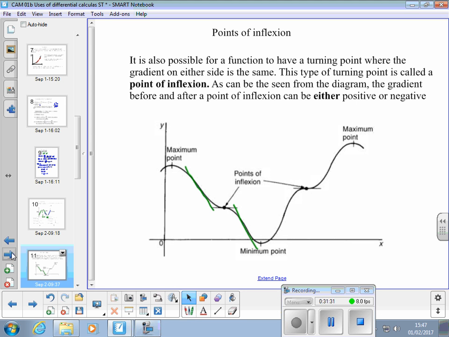Or on this one, there's a point where the slope is positive. Either of those two tell us, when we look either side and get the sign of the slope, it's the same on both sides, so the point where we get a 0 slope is a point of inflection in the function. There's also a minimum point on that one as well. Okay?